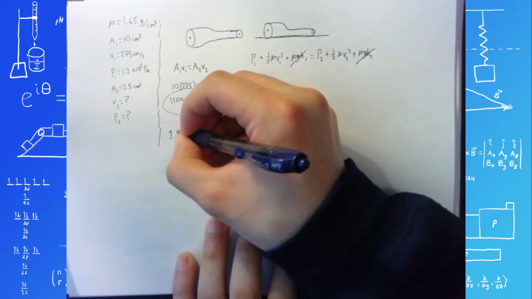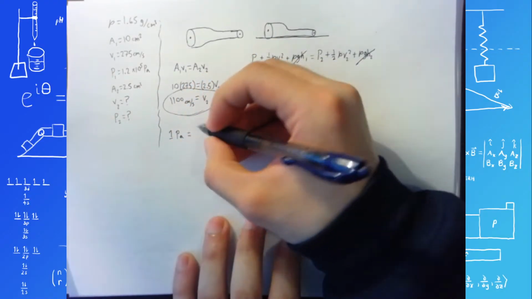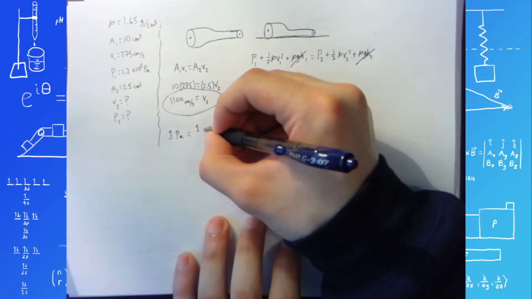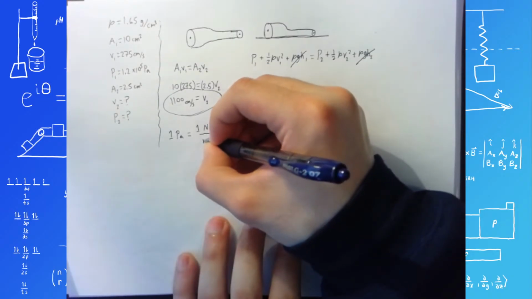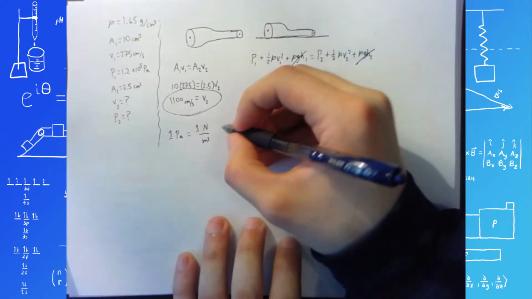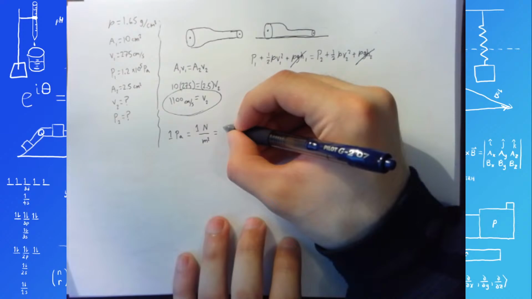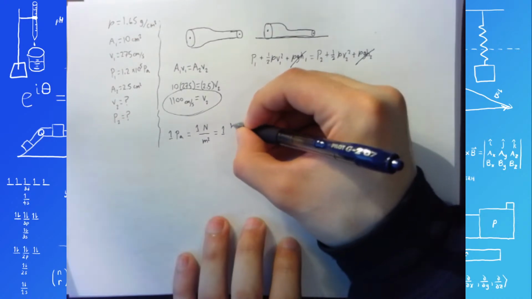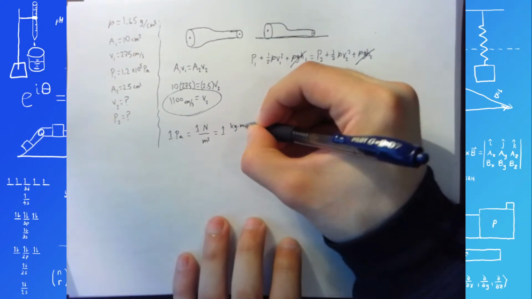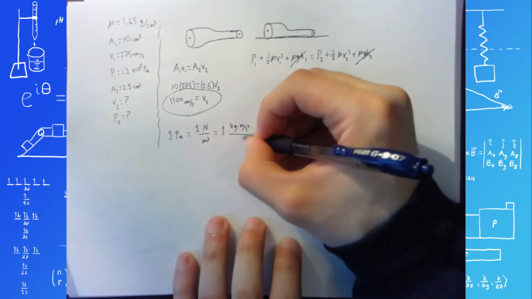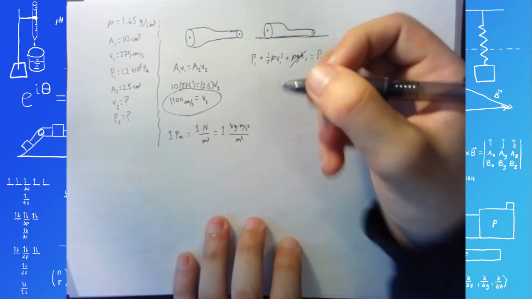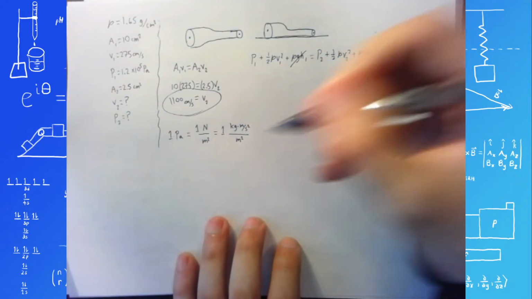So 1 pascal is 1 newton per meter squared. A newton is 1 kilogram meter per second squared, over meters squared.